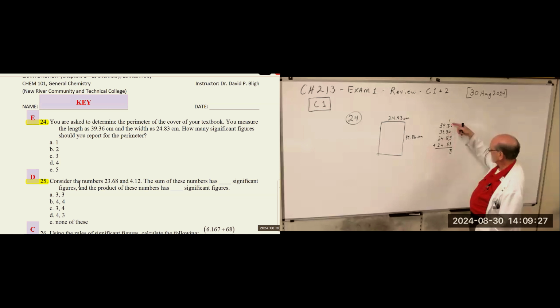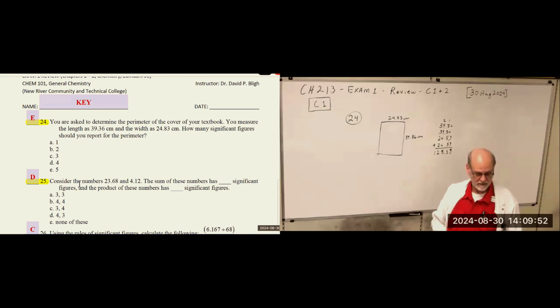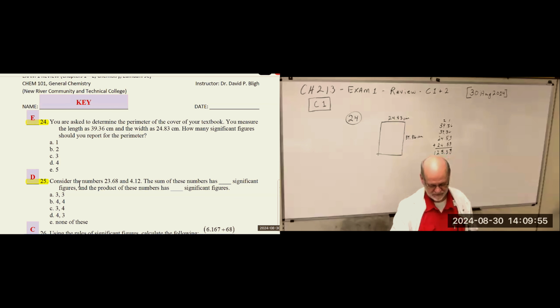That's 16, 17, 23, carry the 2. And that's 8 and 18 is 26, 28, 2, 4, 6, and 6 is 12. So we lined up the decimal. These are the uncertain numbers. We can keep all of them. We have 5 significant figures in the answer. We started with 4 and we ended up with 5.